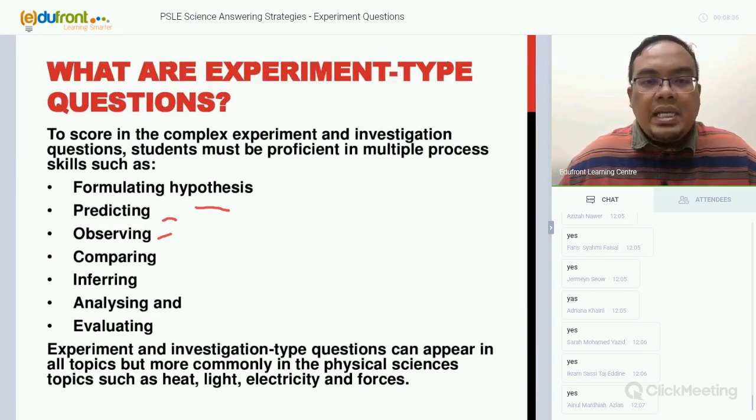Right? In PSLE, it's just graphics. But if you are a scientist working in the lab, you must be able to observe every aspect of the experimental setup. So a scientist must be very observant, and you must be able to compare.